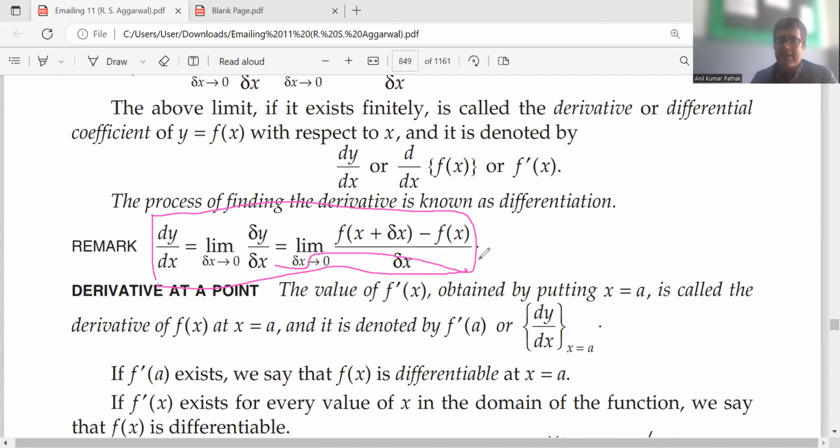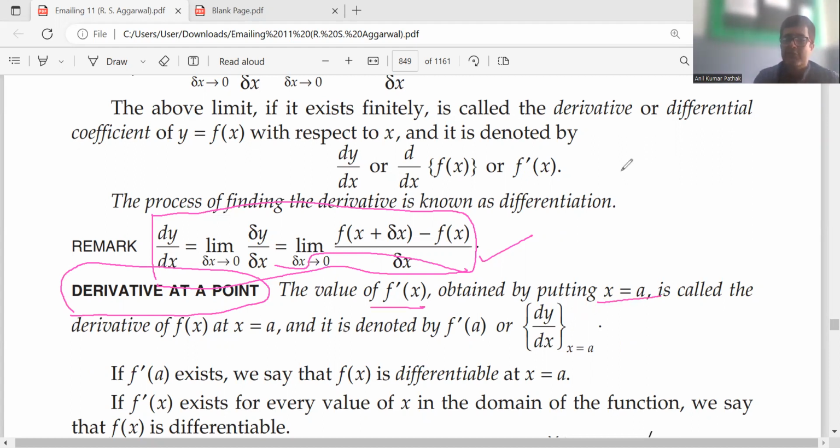So this is called differentiation of y. Now the motto of this chapter is that we have to find the derivative at a point. This is denoted as f dash x at any particular value of x.